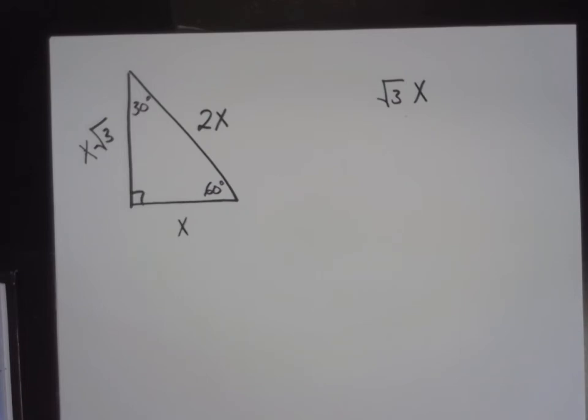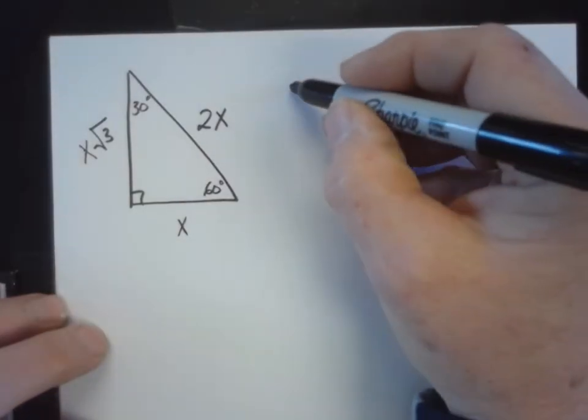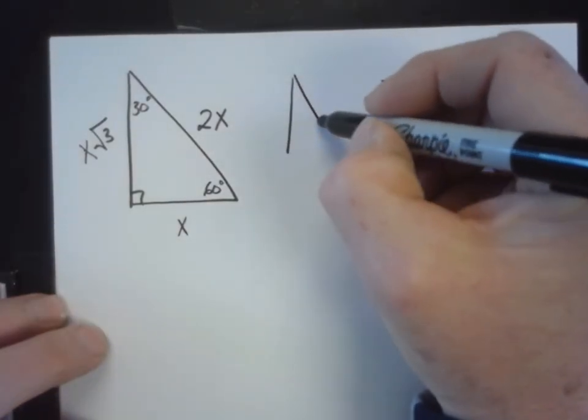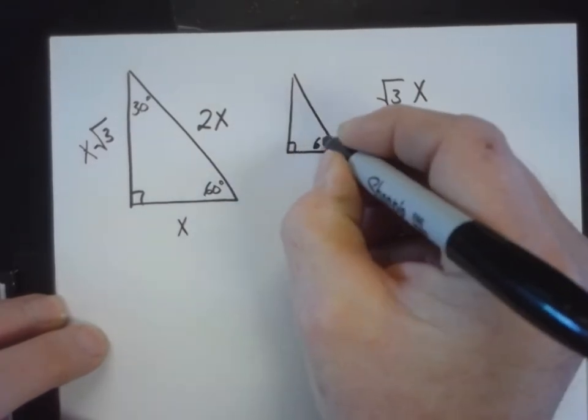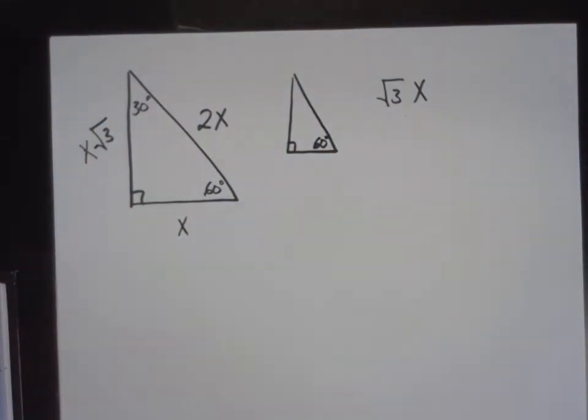So even if the triangle's smaller, if it's a 30, 60, 90, it's similar. Every 30, 60, 90 triangle is similar to every other one, okay? And that means that the relationship between the short leg and the hypotenuse and the long leg is always going to be the same.